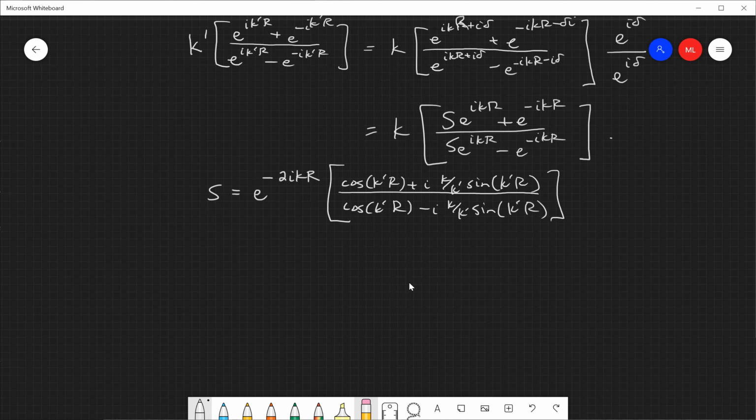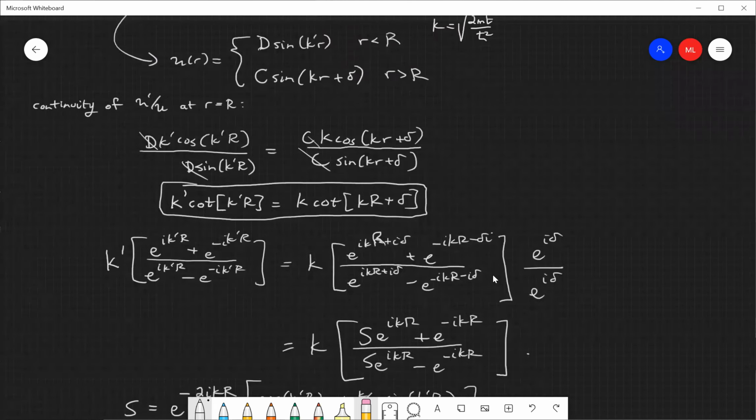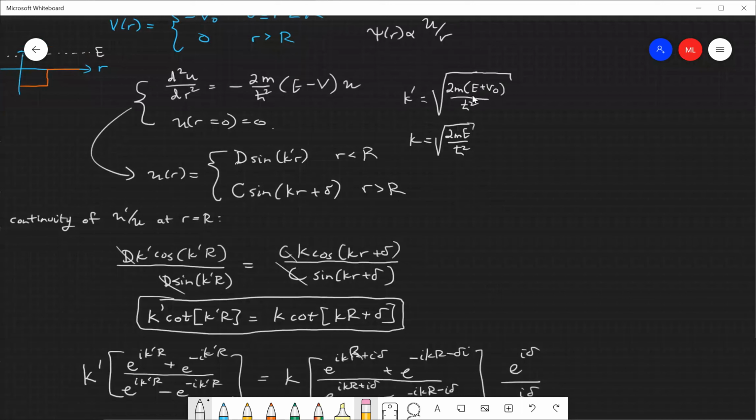But let's look at what happens now at small k. At small k, well, k prime, remember I still have the k prime somewhere here. The k prime is related to E plus V naught.